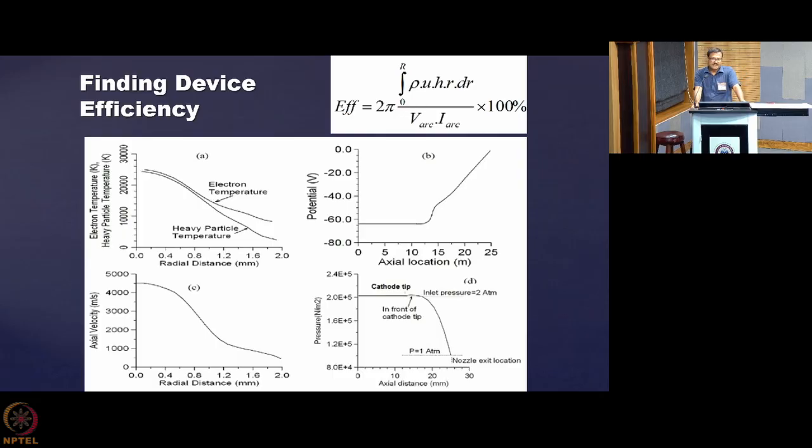Now what is the joule content of that mass which is coming out? So enthalpy, that we know from the temperature, because this temperature distribution will give us the enthalpy of the plasma fluid in that annular cell between r and r plus dr. So we know the mass that is coming out from that cell per second.